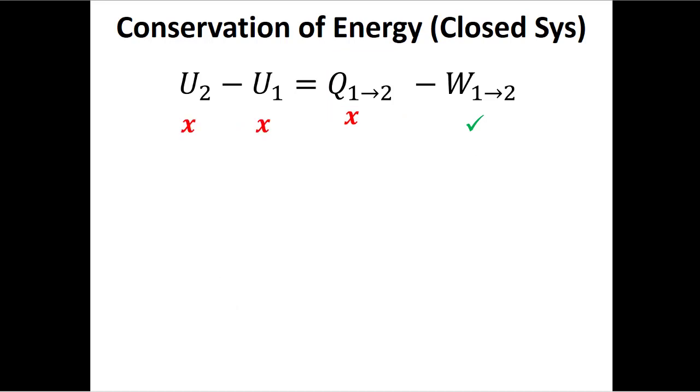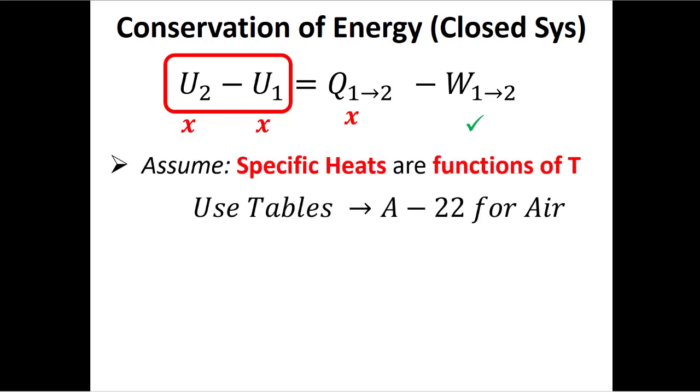So now, how would I do this problem if I was using variable specific heat? Basically the problem would be exactly the same up until the point where I've calculated work. I would come to this point where I say, oh, I would like to find delta U. But now instead of finding delta U as CV times delta T, I'm going to say that there are variable specific heats, so that the specific heat is a function of temperature.